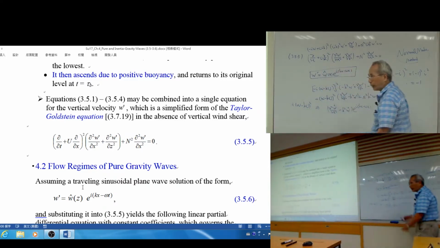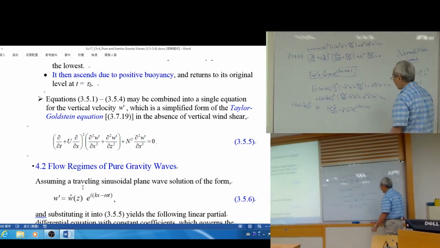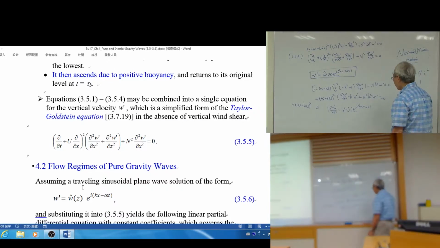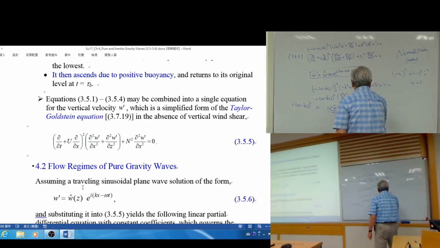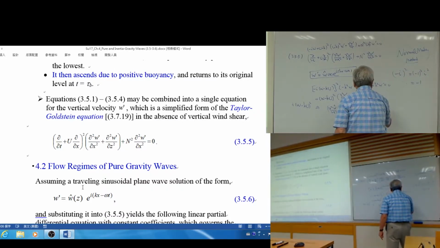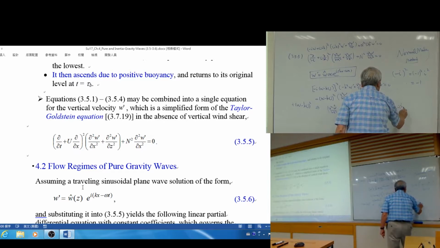I can do it this way. And here, plus N squared k squared, divided by (omega minus ku) squared w hat, e to the i(kx minus omega t) equals 0.